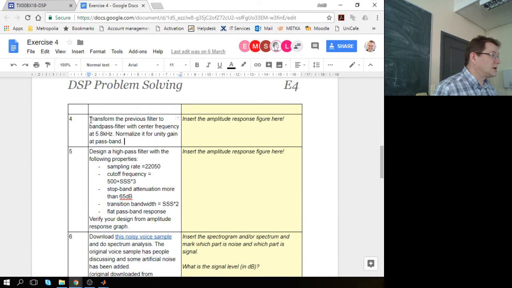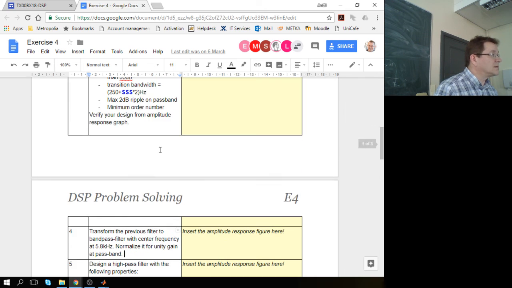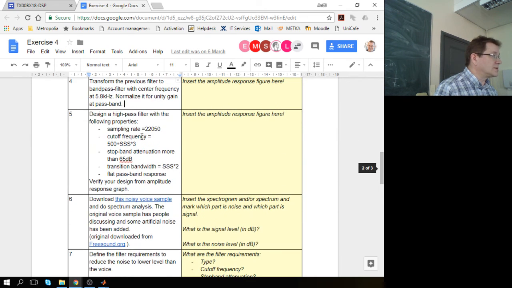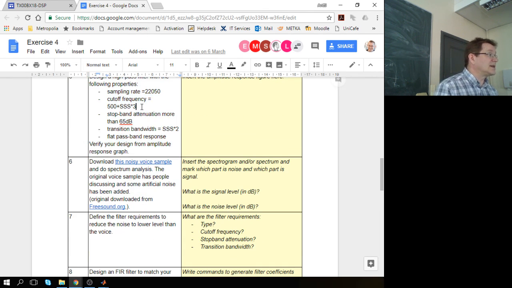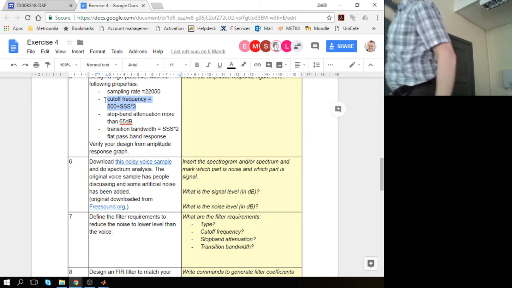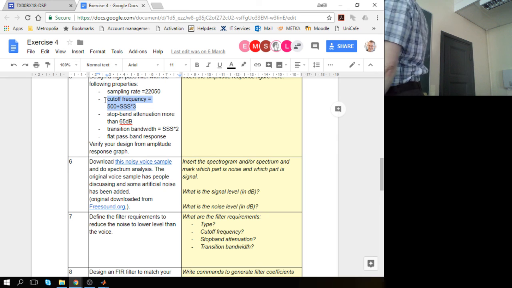Okay, from low pass filter to band pass filter. Then, high pass filter. Remember, the trick here is that this is the high pass filter cutoff frequency, meaning this one.